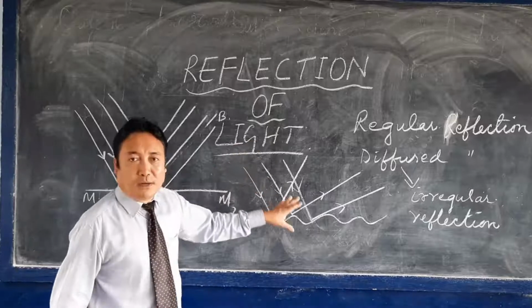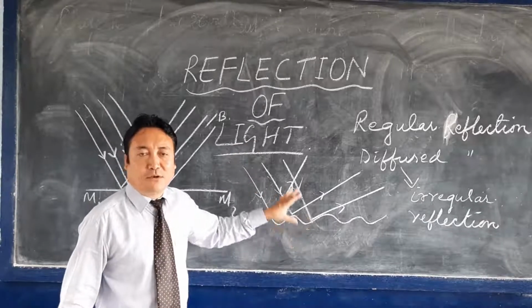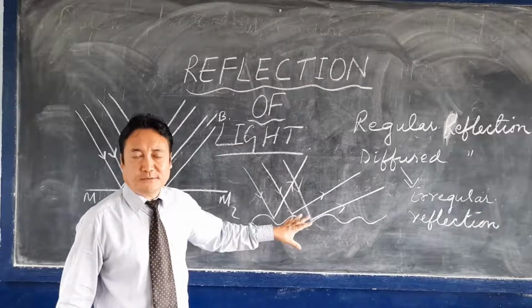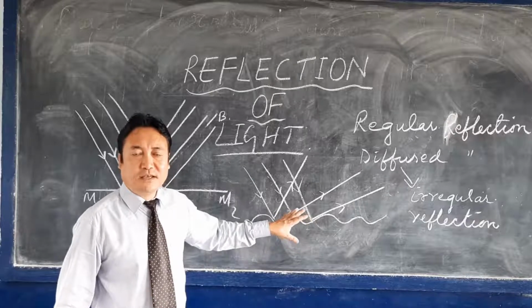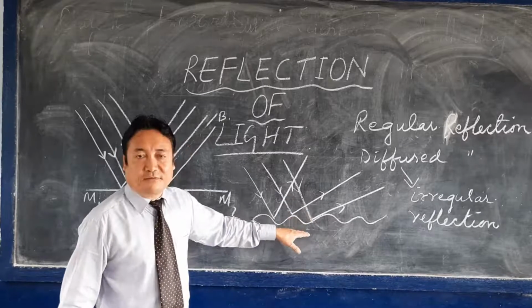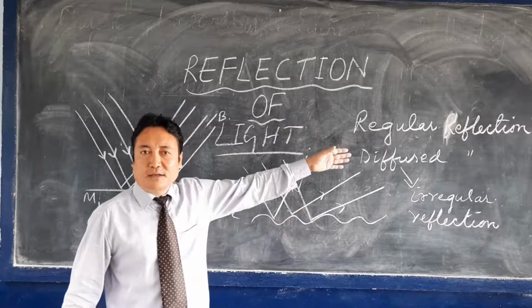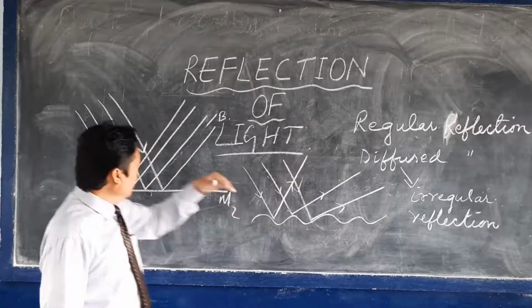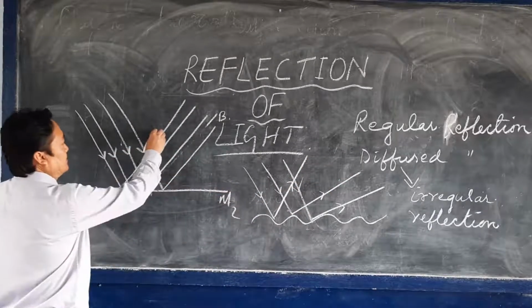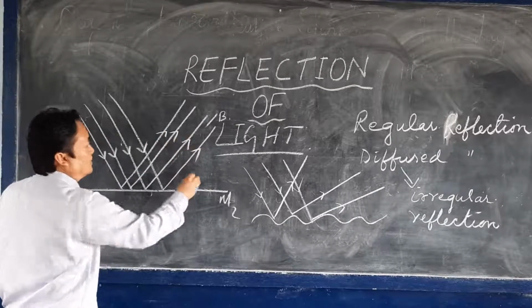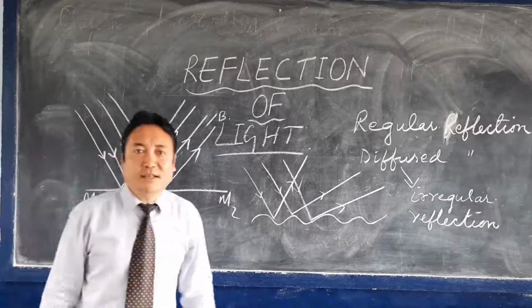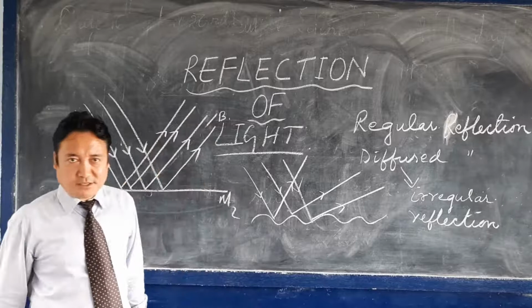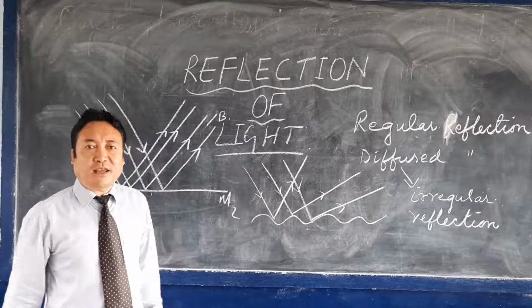When this parallel beam of light falls on the rough or unpolished reflecting surface, after striking that surface, it will bounce back in different directions. But in regular reflection they bounce back in the same direction. So these are about regular reflection and irregular reflection.